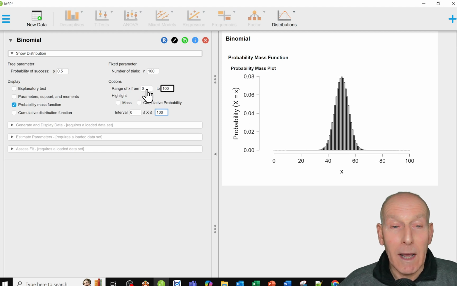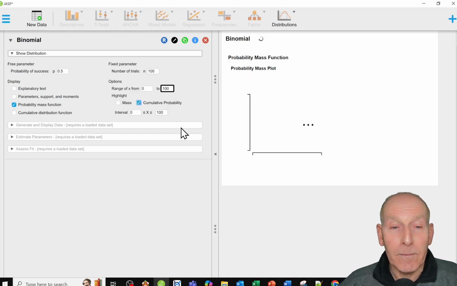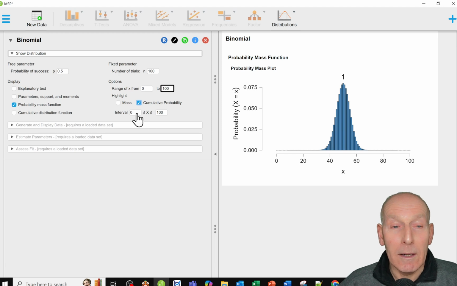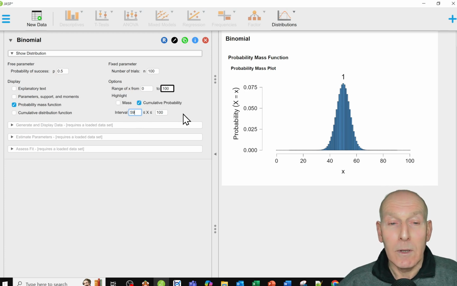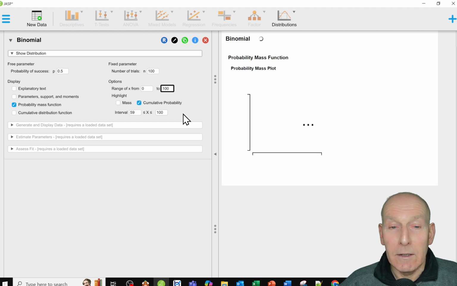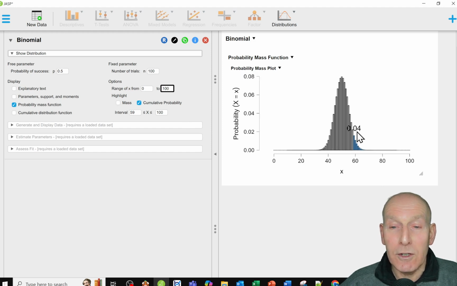So again, we can have a look at the range and the cumulative probability, and if we have a look at the value we looked at in the previous example, which is 59 to 100 in the first instance, you can see there's our p-value 0.04, and we're actually looking at this small amount of area.